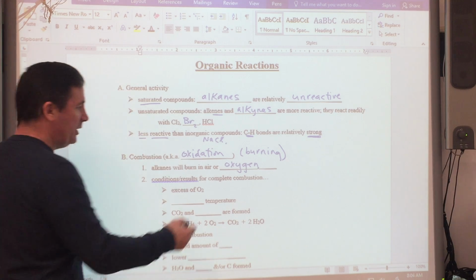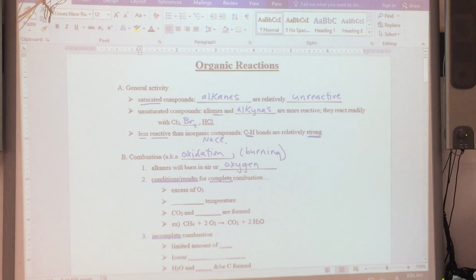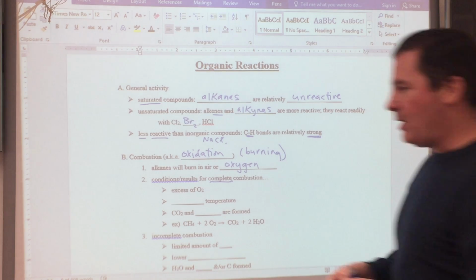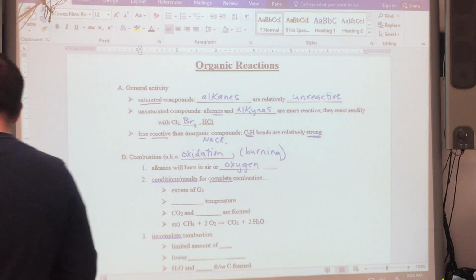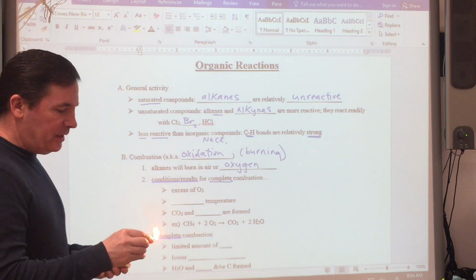And if you want complete combustion, and if you need to be reminded of that, complete combustion is something that we try to accomplish in lab, because if you have incomplete combustion, you will have different products. Incomplete combustion is basically when you're lighting a match.